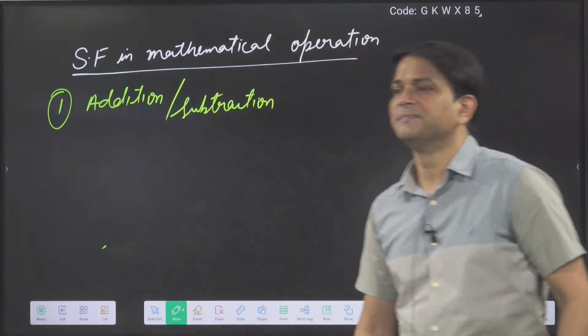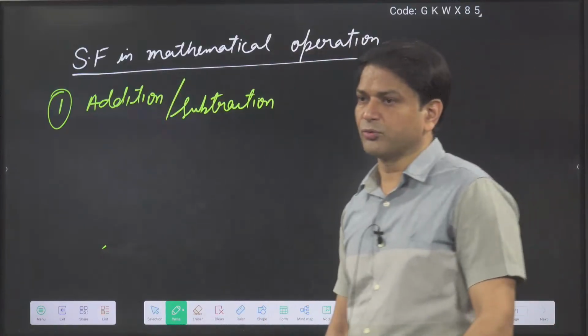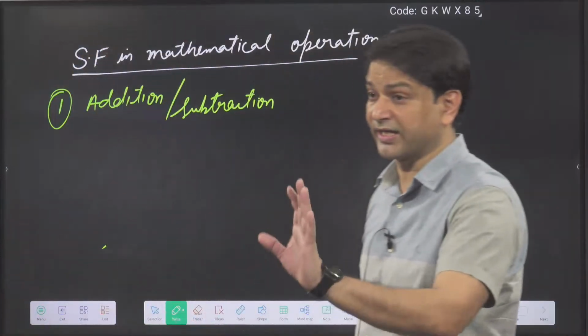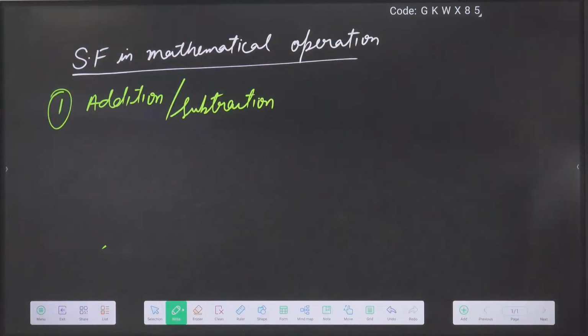So when a decimal is there, we only have to check decimal places in addition and subtraction. Is everybody getting it?